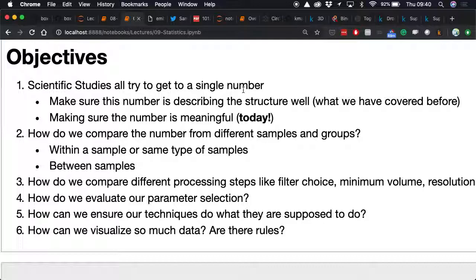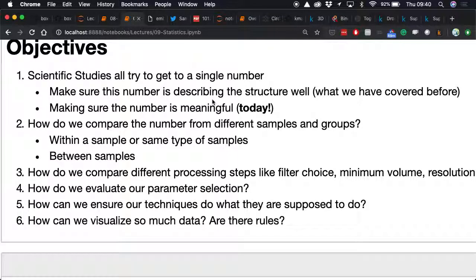So you're assessing, the average flow rate over 100 frames is 1 millimeter per second, or the number of particles is 97, or the size of the particles is 300 cubic micrometers. But all we do is try to get one number out of our analysis.